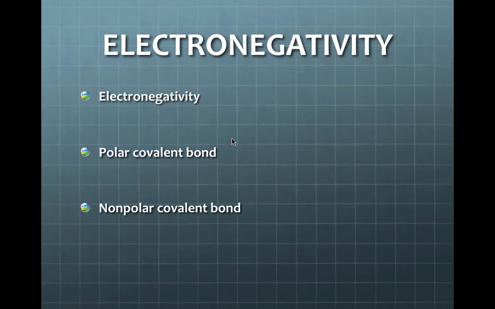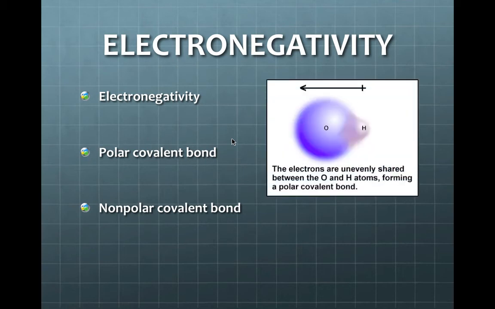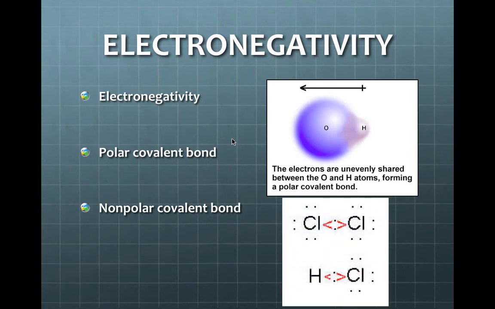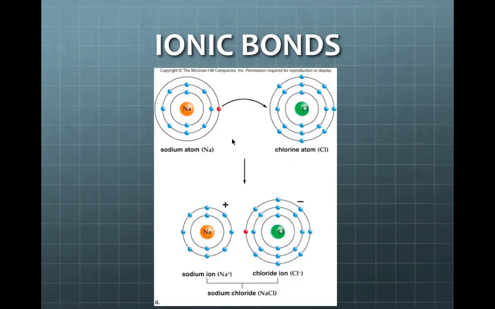Non-polar covalent bonds are when electrons are shared equally, like in hydrochloric acid or hydrogen gas. Ionic bonds occur when electronegativity is so unequal that one atom strips an electron from its partner.